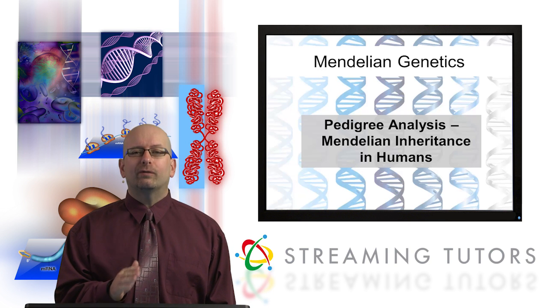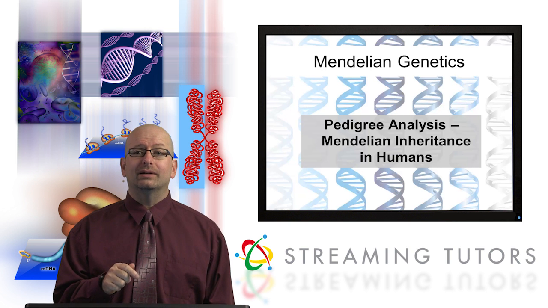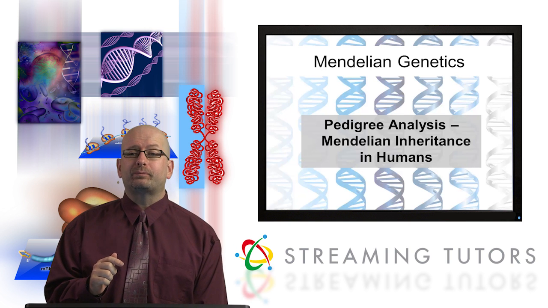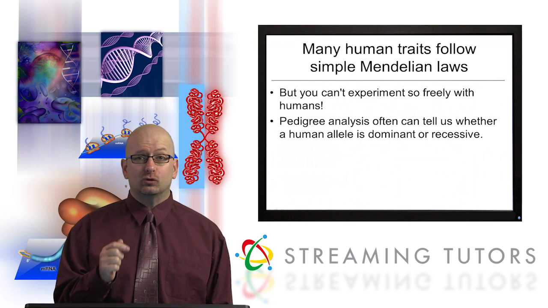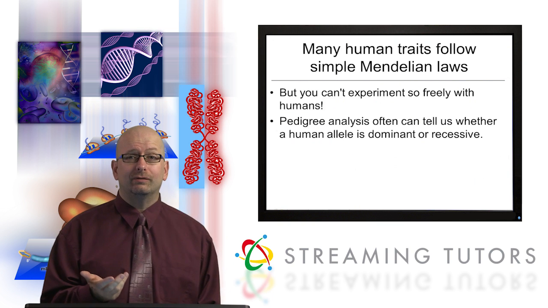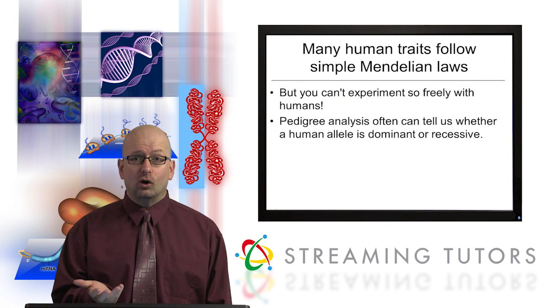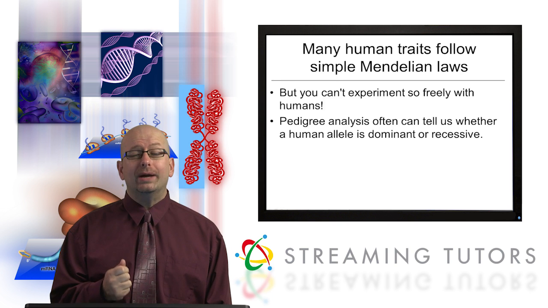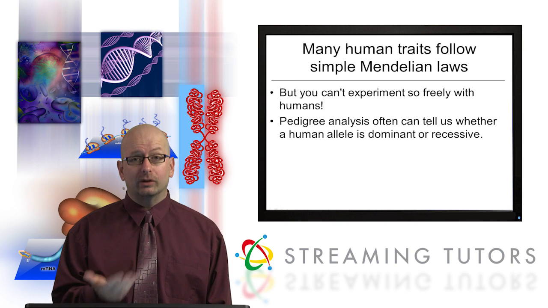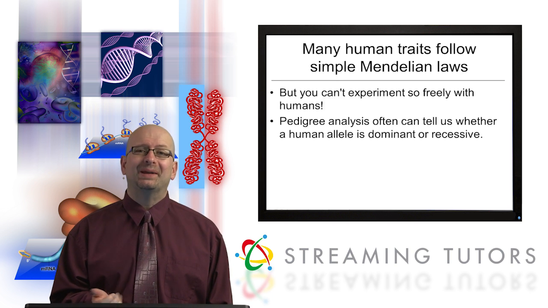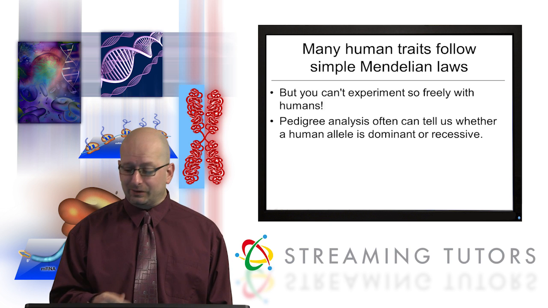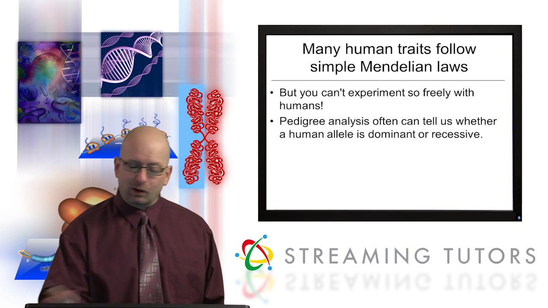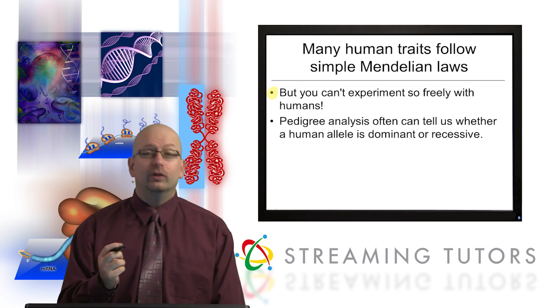But what we want to focus on here is human genetics, and it turns out that many human traits, certainly not all, but many significant traits, both disease-causing and otherwise, do get inherited in humans in a relatively simple Mendelian fashion. Perhaps obviously, you can't really experiment so freely with human beings.